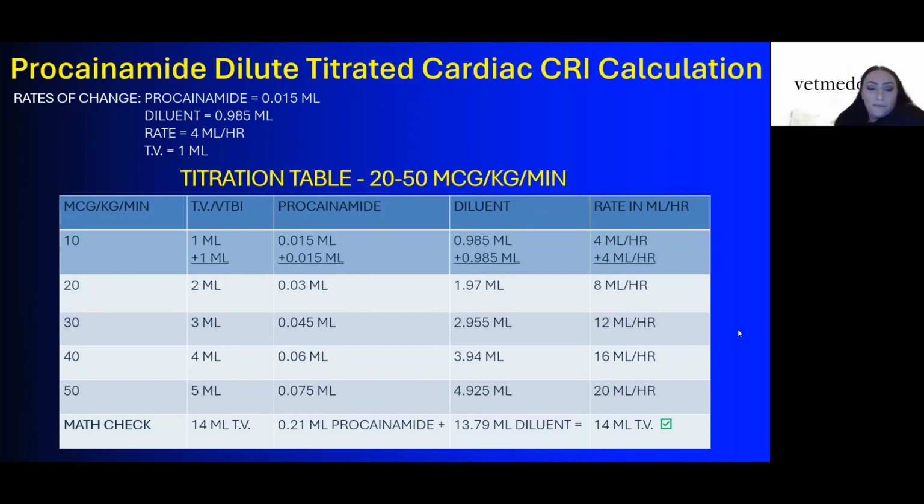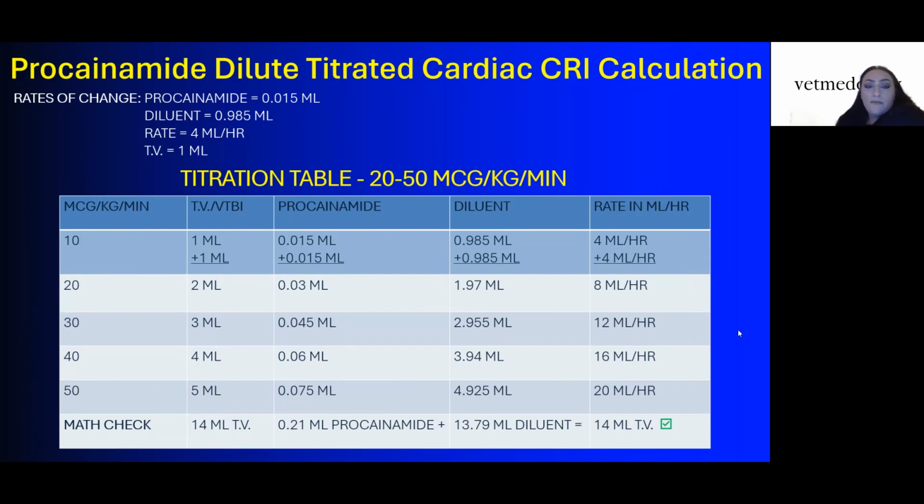So basically what we're doing is taking the 1 mil total volume in column 1 for 20 mics per kg per minute and adding it just over and over and over again down the line.